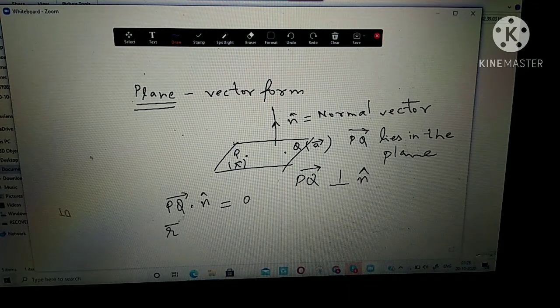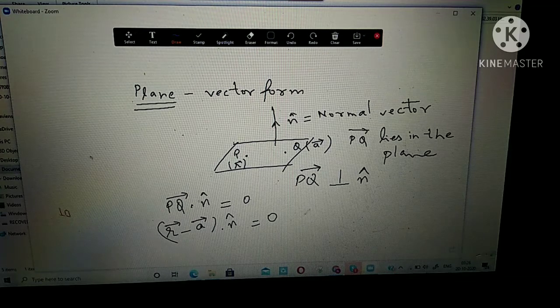So I can write this as R vector minus A vector dot n cap is equal to 0.